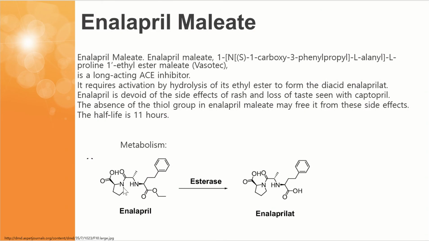So here we have enalapril, and we have our ethyl ester here. And as we can see in the product, enalaprilat, there is hydrolysis. So we have the carboxylic acid, which is the dicarboxylic acid. So there was one already, and now there are two. So let me just repeat: it requires activation by hydrolysis of its ethyl ester to form the diacid enalaprilat.